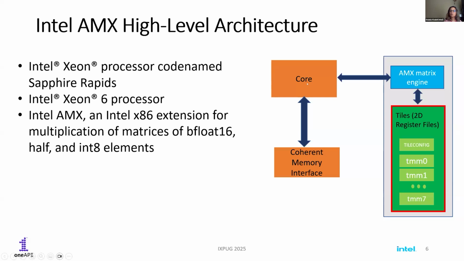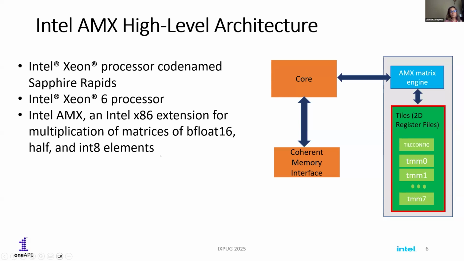So in each core there is an Intel AMX engine, and I think the only difference between Sapphire Rapids and Granite Rapids with regards to Intel AMX is the data types. So you can do half now with Granite Rapids, but with Sapphire Rapids you can only use bfloat16 and int8 data types.